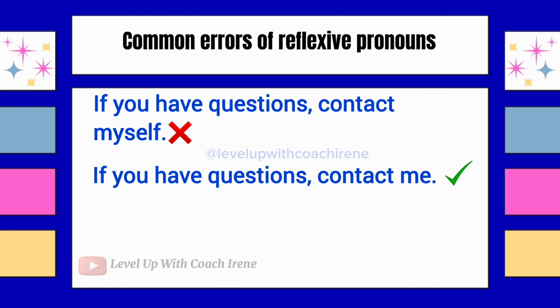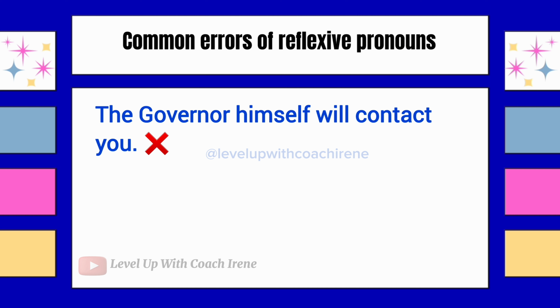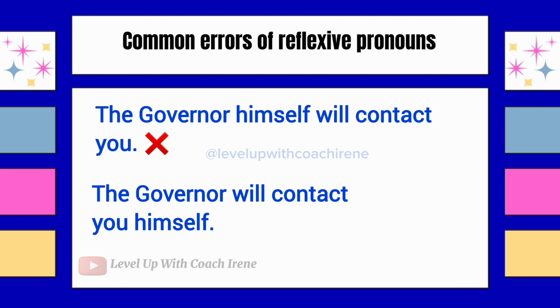Another sentence would be, the governor himself will contact you. This is incorrect. Use reflexive pronouns for emphasis correctly, ensuring they fit naturally in the sentence. The correct sentence would be, the governor will contact you himself. These errors can lead to confusion or sound unnatural.